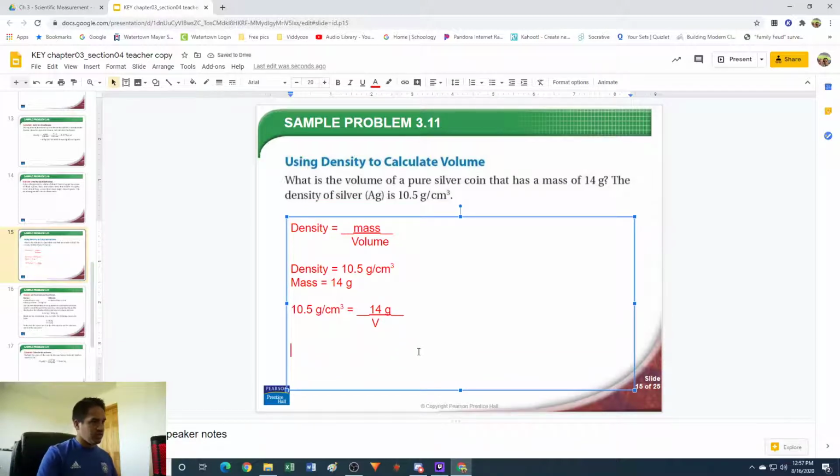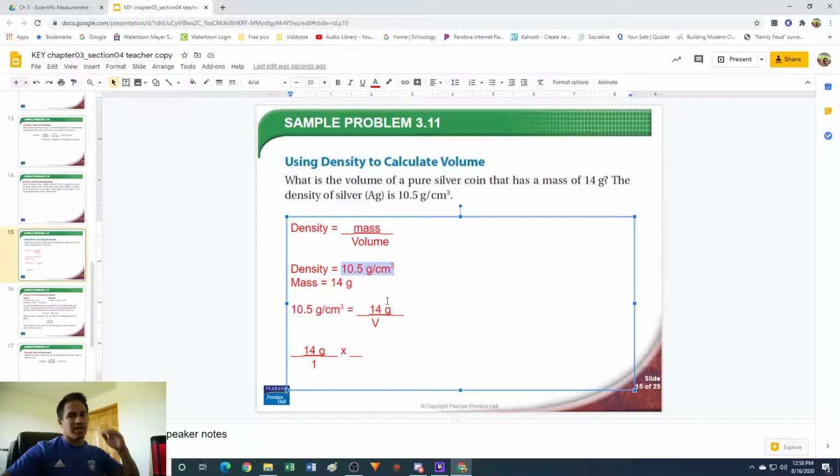We know that we're starting with 14 grams of material. If you want to put it over 1 to make it a fraction, you can. This here is a conversion factor: 10.5 grams over 1 cubic centimeter. We can use it as a conversion factor, so we're going to multiply by our density. But since we have 14 grams on top, we're going to need to take this density and flip it.